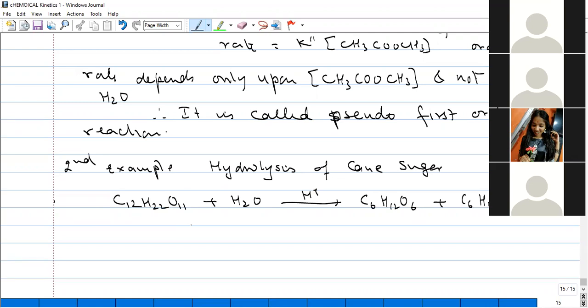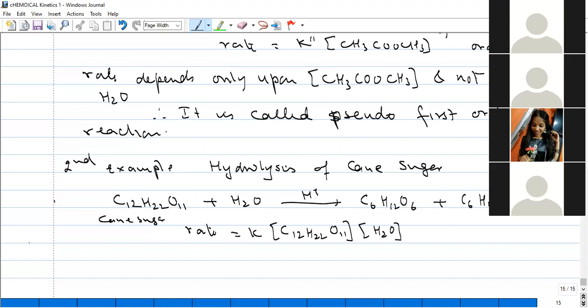Rate law is equal to K, concentration of cane sugar, C12H22O11, into concentration of water.